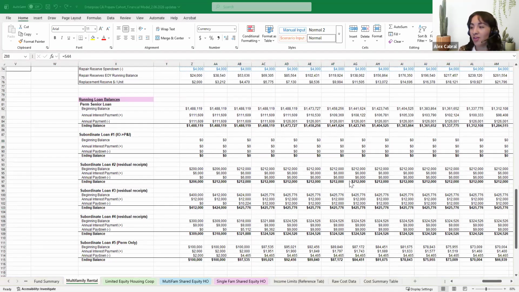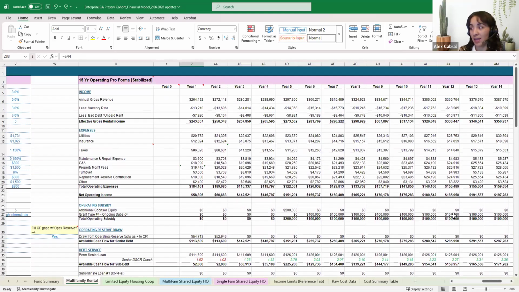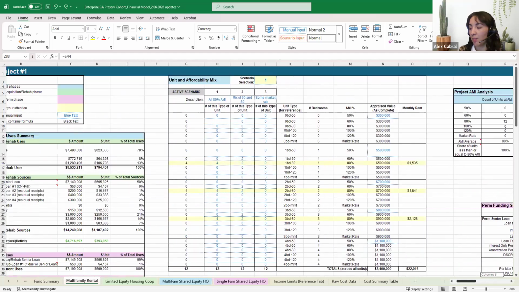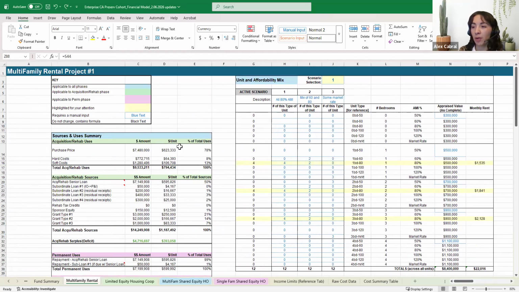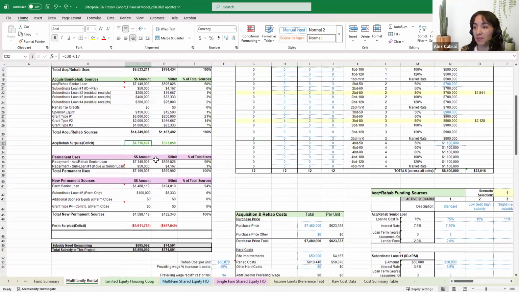Okay, now for the fun part. We have filled out every assumption that we think our project will look like. And we come to the very far left to the sources and uses summary. Based on our acquisition costs and our sources, we have a surplus. We have more cash than we know what to do with. When does that ever happen?